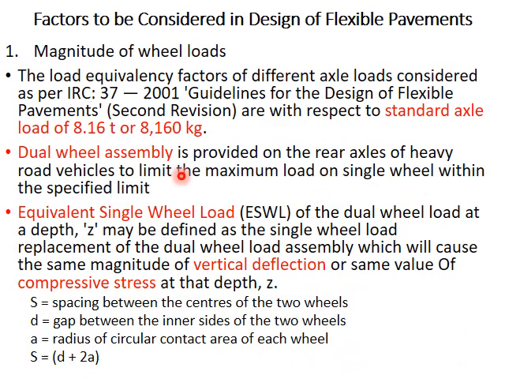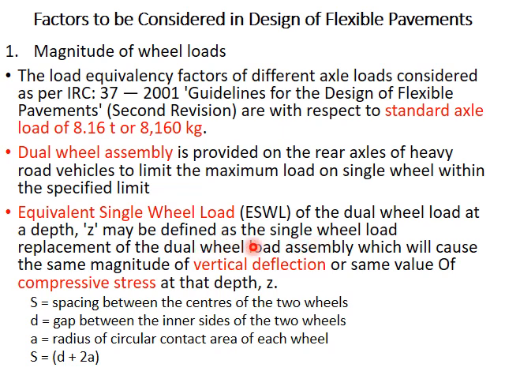This slide shows that the standard axle load value proposed by IRC 37/2001 for pavement design is 8.16 tons or 8,160 kilograms. Also, the equivalent single wheel load is a parameter which is the load that produces the same vertical deflection and compressive stress as an arrangement of dual wheel load assembly.